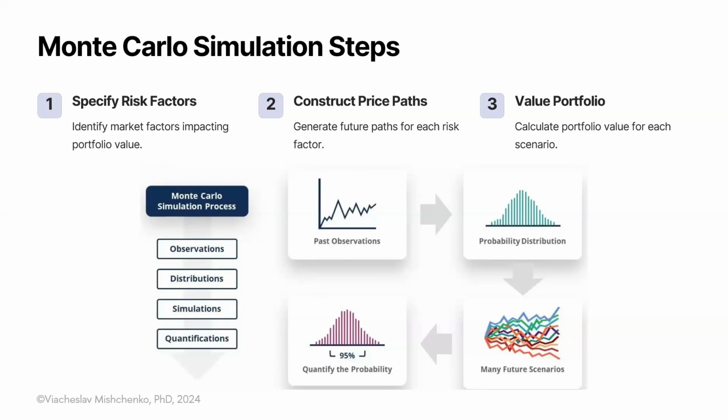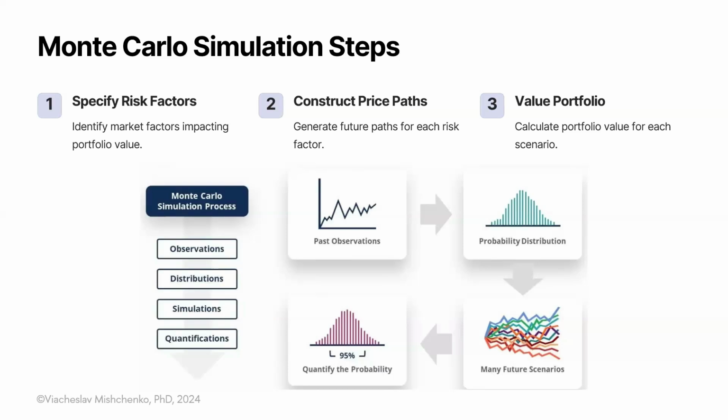We use these risk factors as inputs to our pricing models to calculate the portfolio value under the specific scenario. This step may be repeated thousands of times, often 10,000 times or more, to generate a robust distribution of potential portfolio values at our risk horizon.